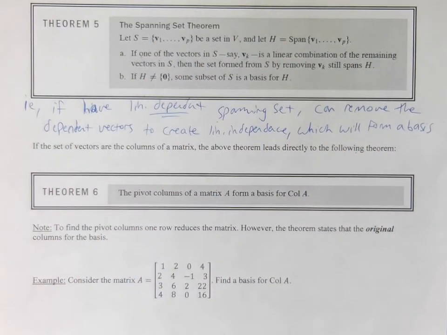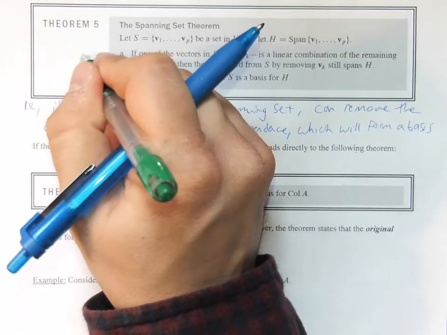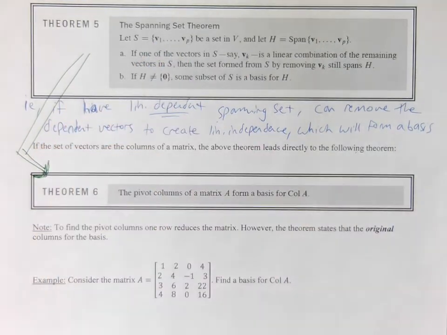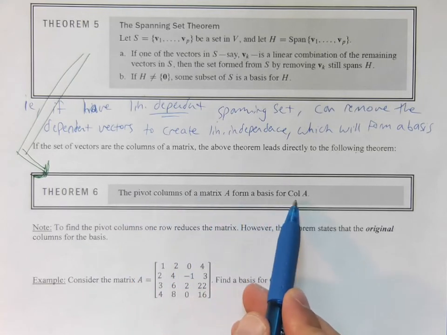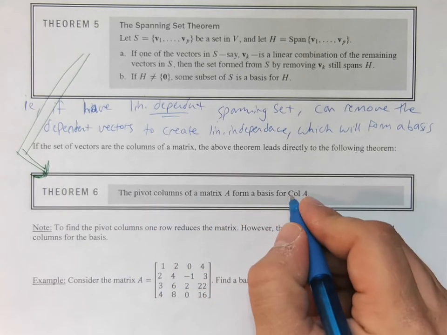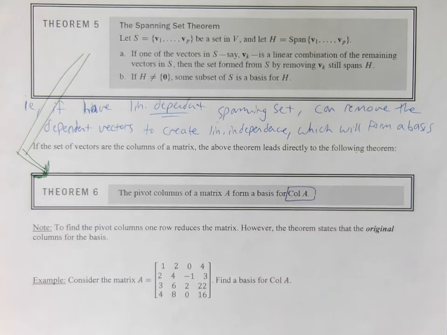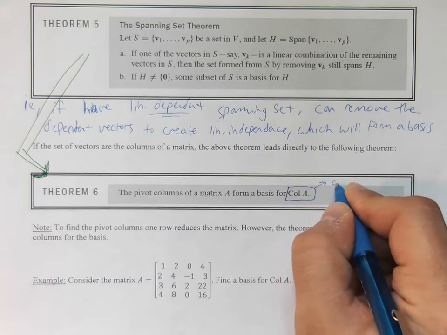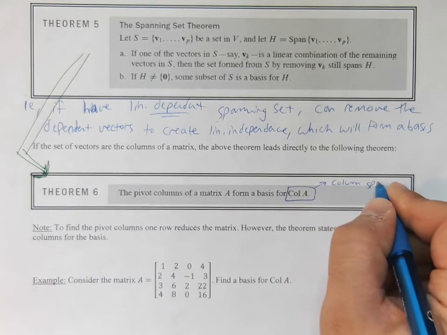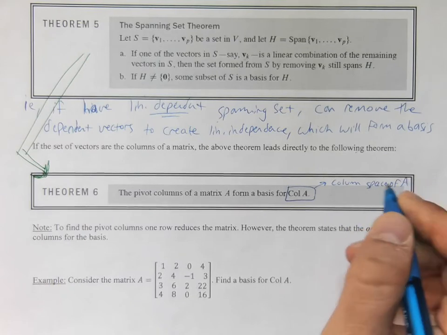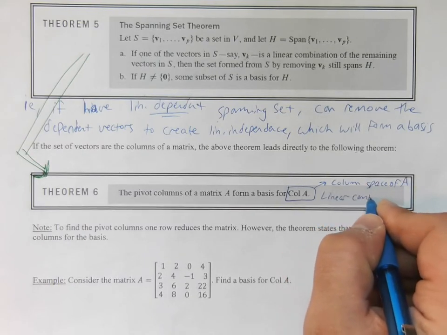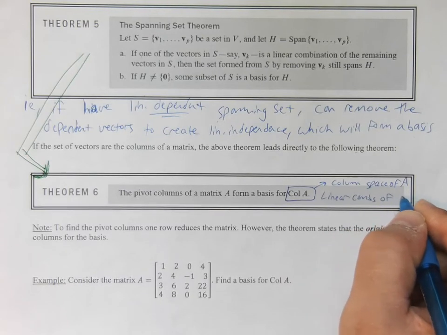What I'm trying to say here is theorem number 5 leads directly to theorem number 6. Theorem number 6 says the pivot columns of a matrix form a basis for the column space. So remember, Col A, from the last section, is the column space of A, which is all linear combinations of the columns.